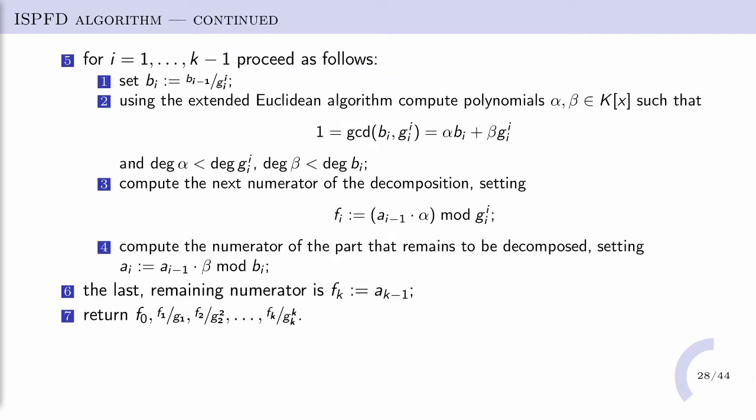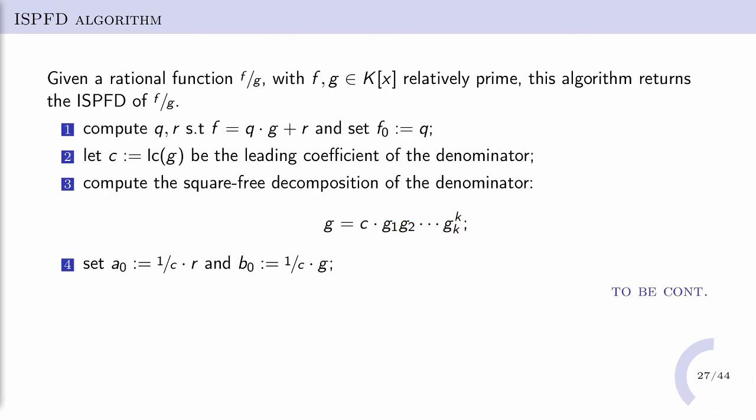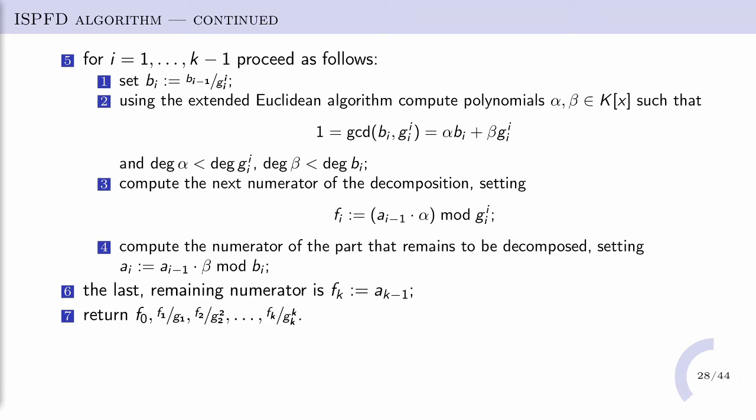After that, we just loop over these square-free factors, and for every such square-free factor, we split the denominator into the given square-free factor and all the rest.